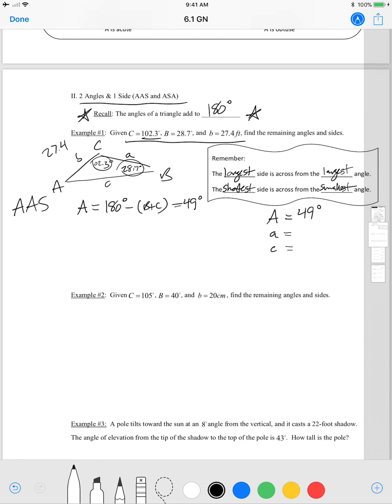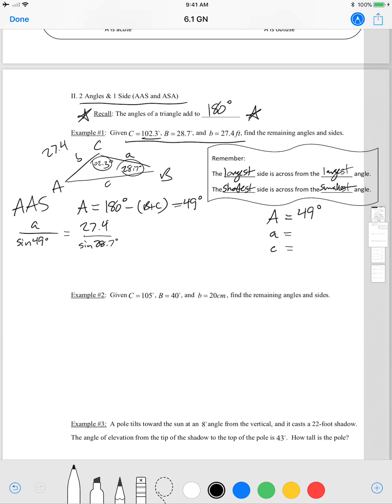And now I can use the law of sines to find side lengths A and C. So side length A over the sine of angle A equals side length B over the sine of angle B. Now, basically all of this unit really depends on you being good at basic algebra.